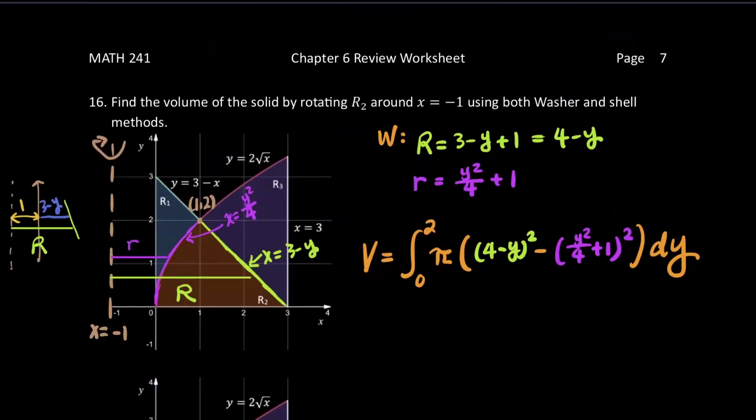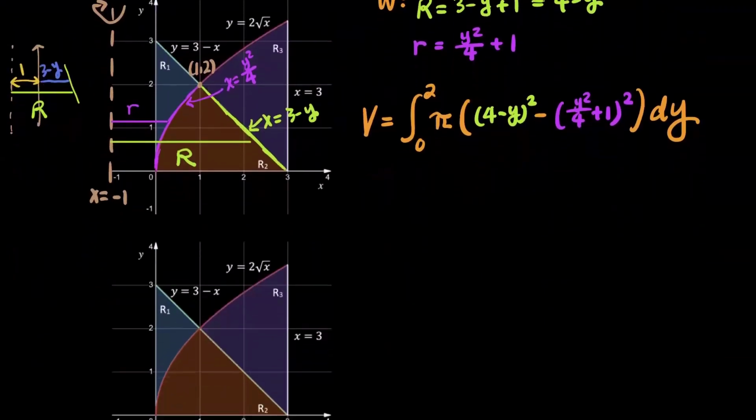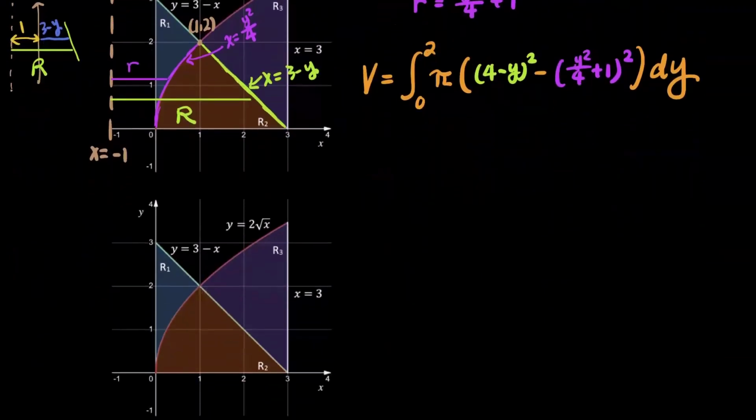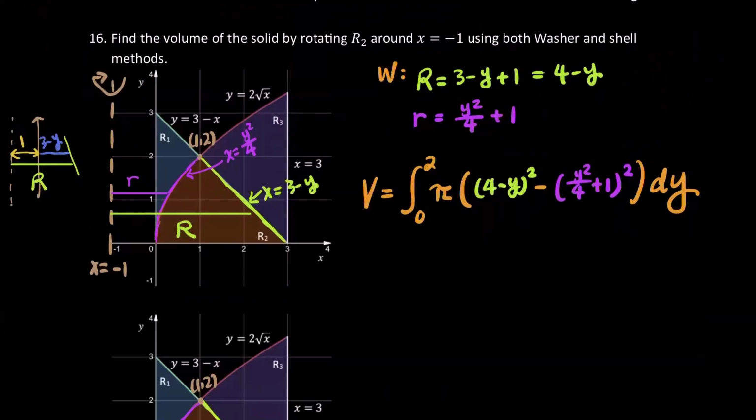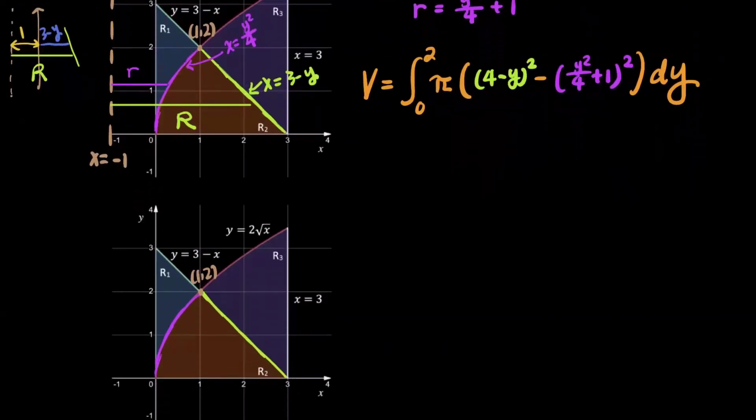Okay, next problem. We're rotating region number 2 around the vertical line, x is -1.